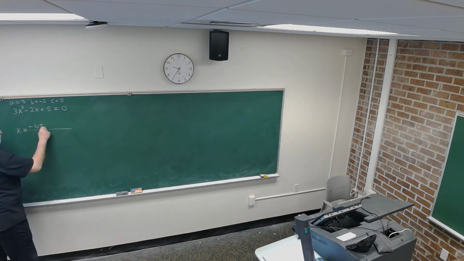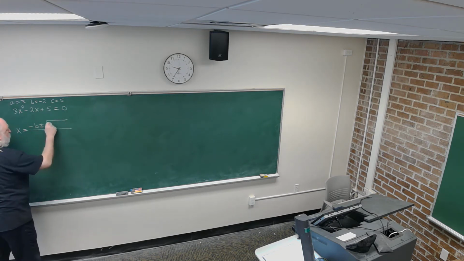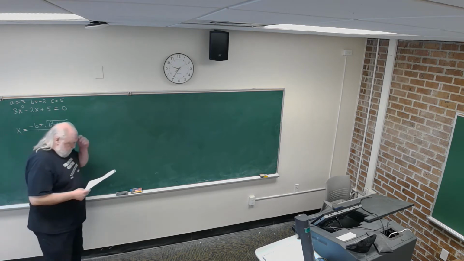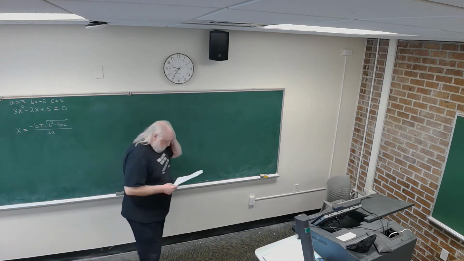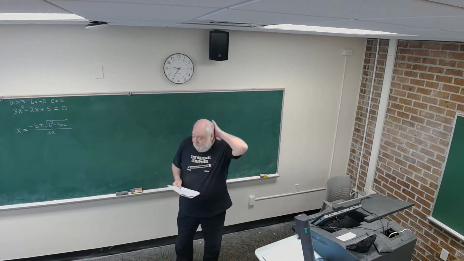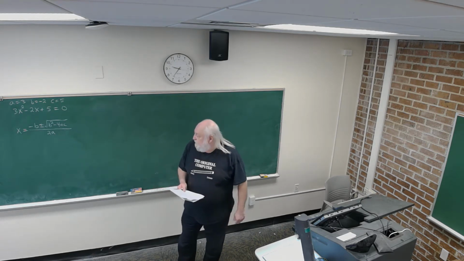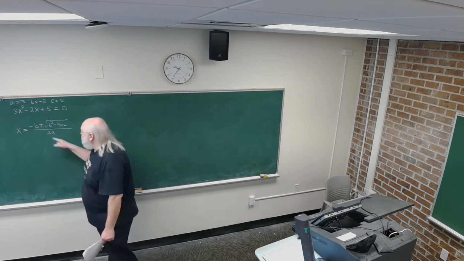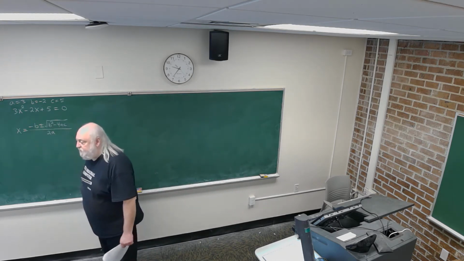Minus b plus or minus square root of b squared minus 4 times a times c, all over 2 times a. Okay. And now we just plug in for a, b, and c, and then simplify to get the two solutions, the two values of x that make the left-hand side equal to 0.